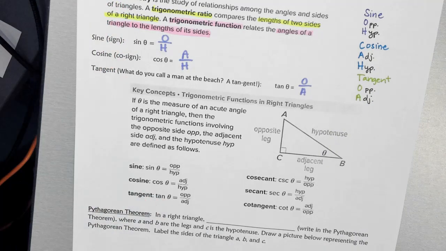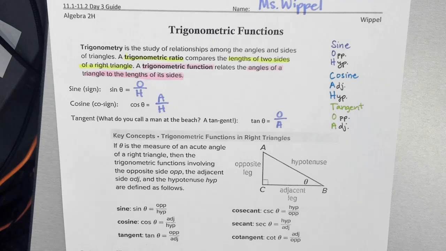Okay, so I know some of you guys are going to remember this from geometry. Some of you might need more of a review. So we do have this key concept figure here. When we are writing out sine, cosine, and tangent, we are going to be using theta or some other type of angle measure. So it might be a variable or it could be theta.